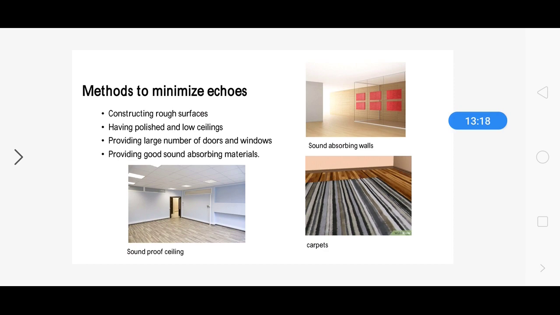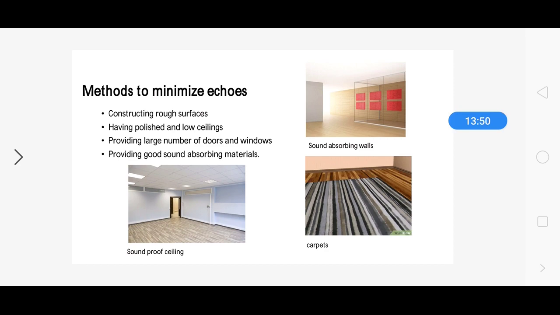So let us discuss these methods of minimizing echoes. The first one is constructing rough surfaces. If the surface is smooth, a more intense sound wave will be reflected back, and most of it reaches the observer.